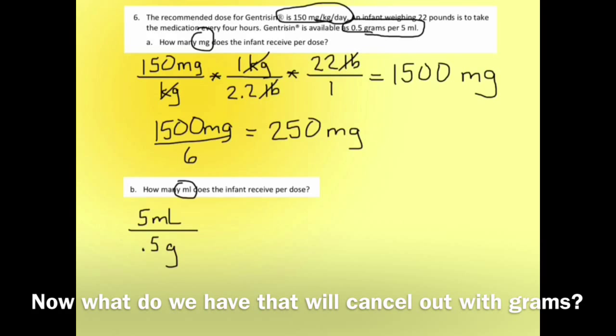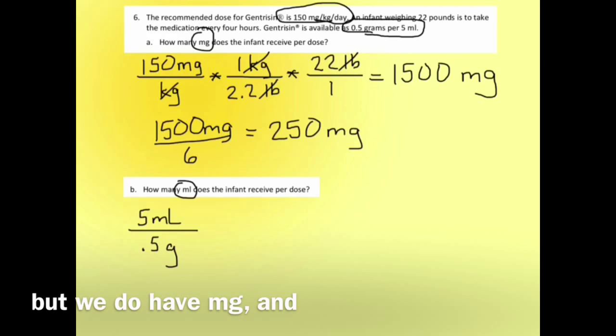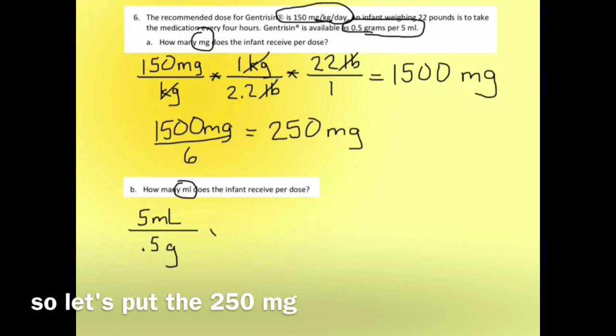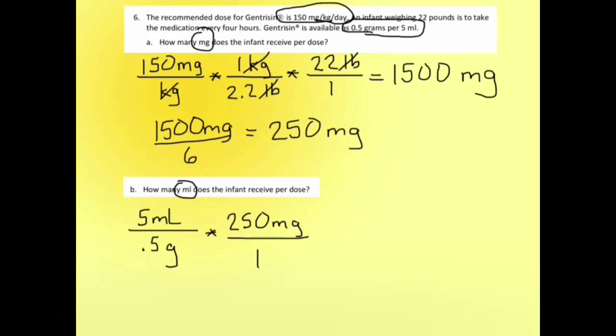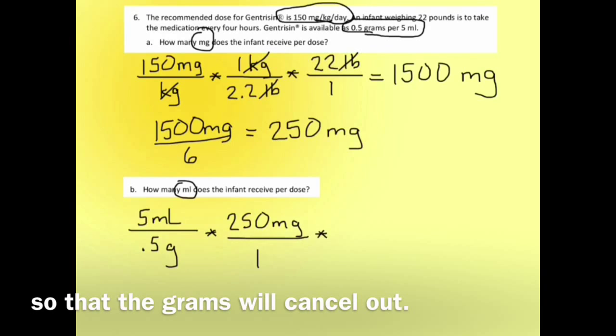Now, what do we have that can cancel out with grams? We don't have grams anywhere else in the problem, but we do have milligrams. And hopefully you recall that there are 1,000 milligrams in a gram. So let's put the 250 milligrams here, and then we can write the relationship between grams and milligrams so that the grams will cancel out.